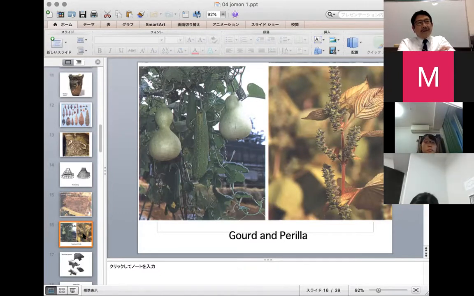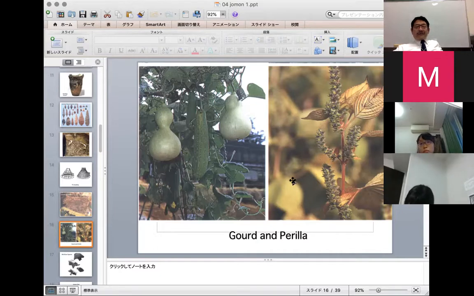You know, that's a big thing. But there's no indication, there's no evidence of that in Jomon time, except that we would find like seeds of gourds, hyotan, and perillas, egoma. Egoma is quite popular now.